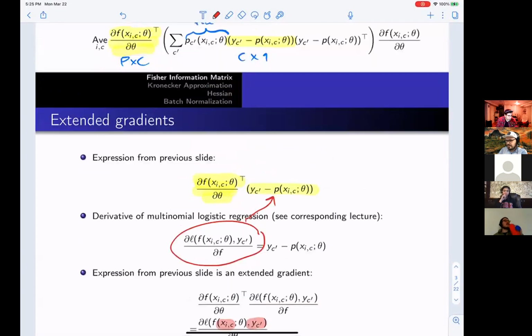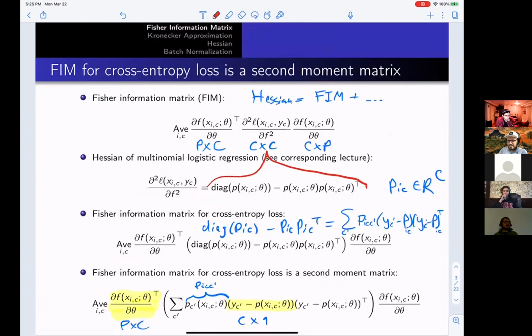So if you look at this slide again, do you see how we highlighted this thing multiplied by that thing? This thing multiplied by that thing is just this extended gradient that I just described. And this thing multiplied by that thing is also an extended gradient. So they are useless in training because they don't appear in training, but they do appear in the Fisher information matrix.